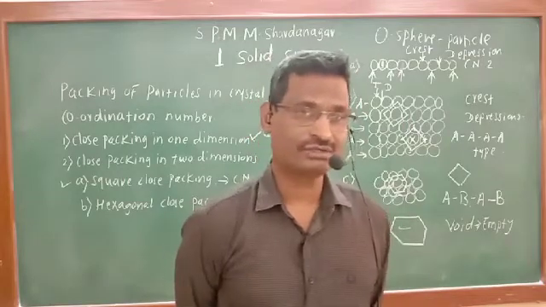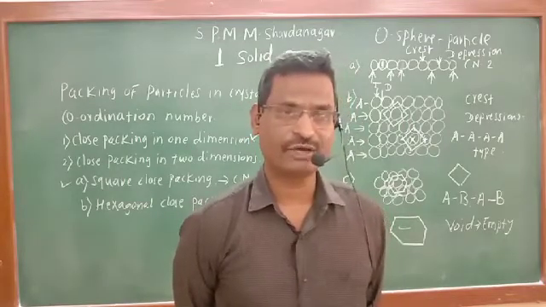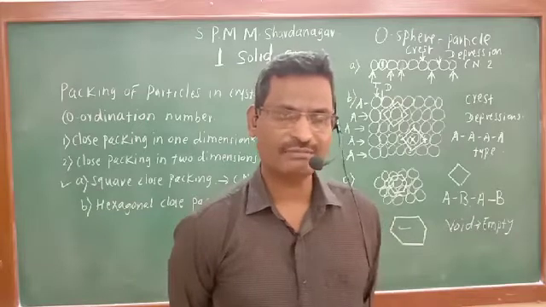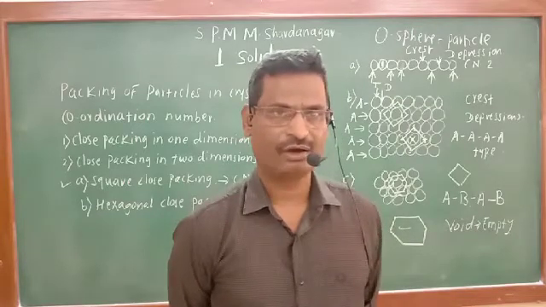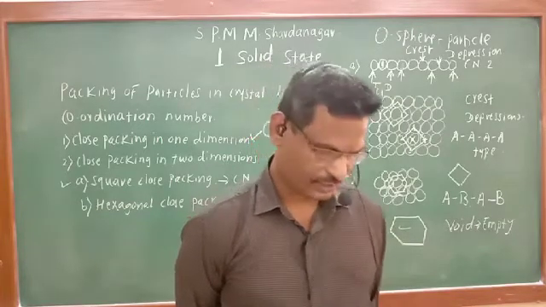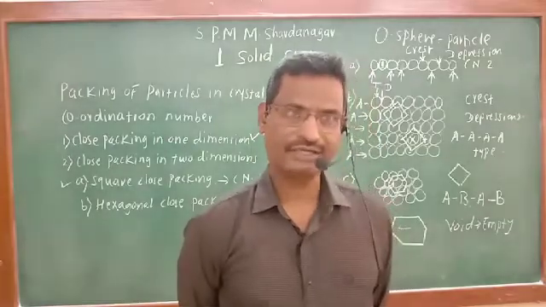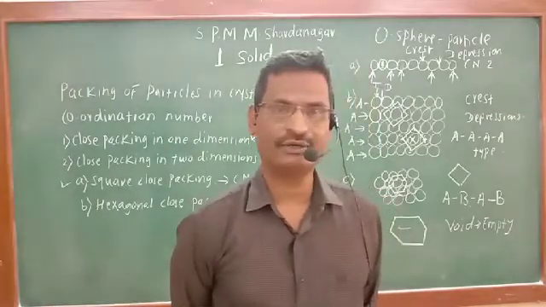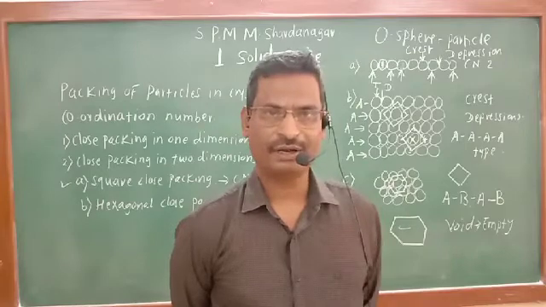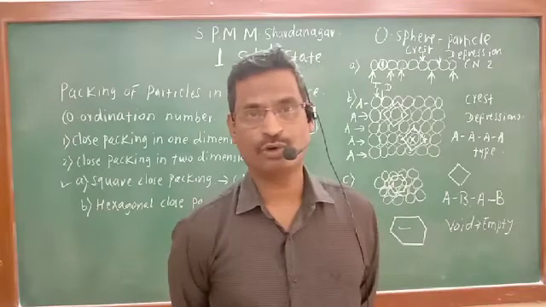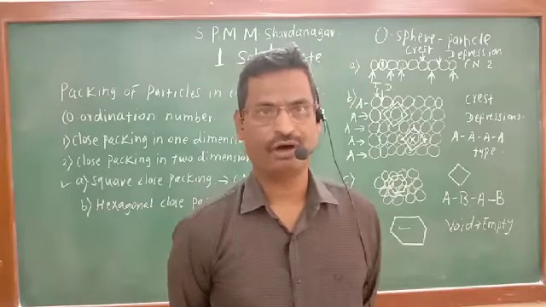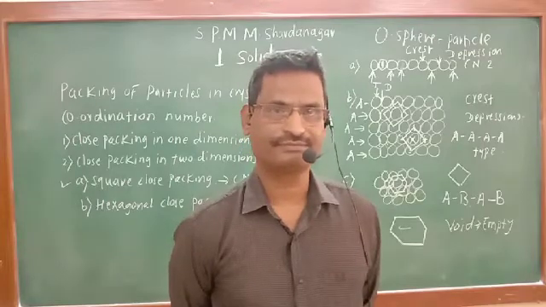So what are those terms in that equation we have seen? Rho is nothing but the density of unit cell. Then small n is the number of particles present in unit cell. Capital M is the molar mass, molecular weight of the substance.